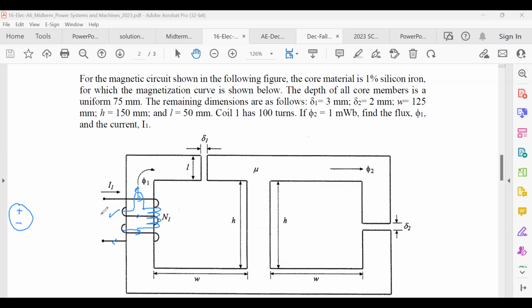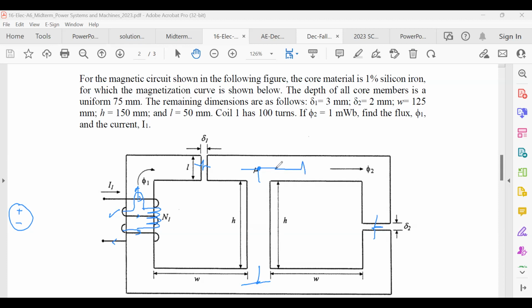Then you will have a reluctance for each part of your circuit. One is in the air gap, two air gaps for this one. Your flux splits here, at this point, so you will have something like this, three branches.